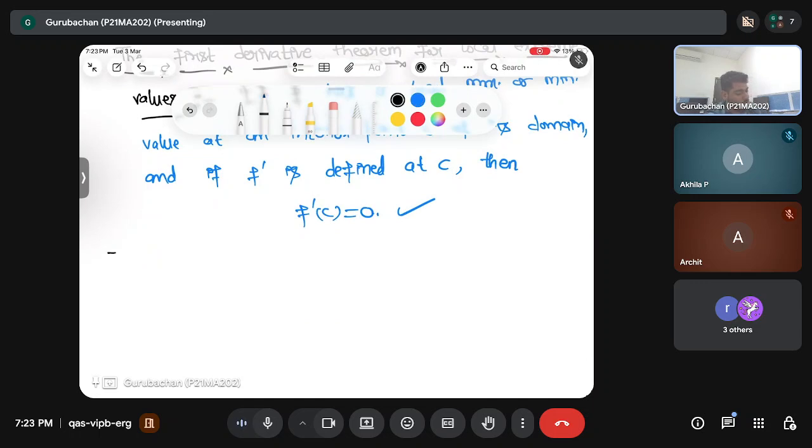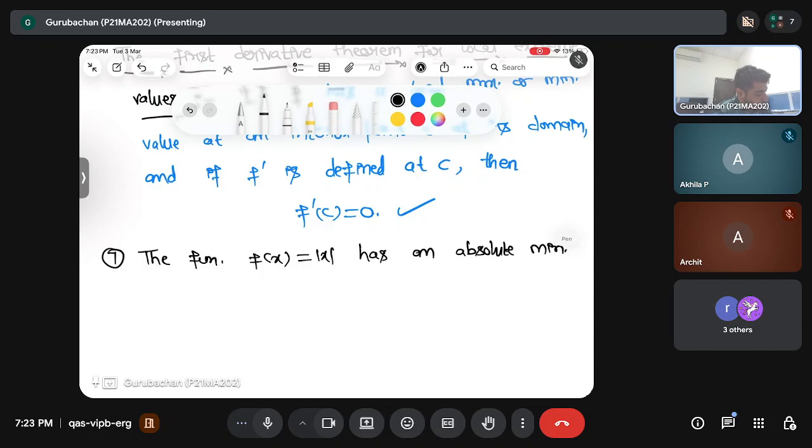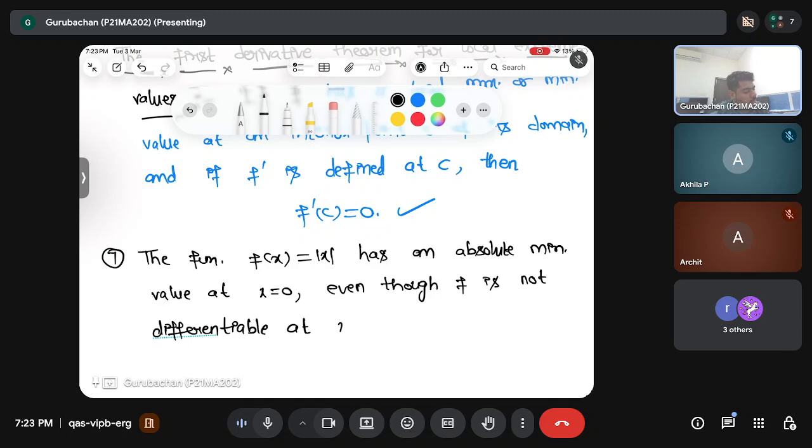On behalf of this, I am asking you one question. The function f(x) equal to mod x has an absolute minimum value at x equal to 0, even though f is not differentiable at x equal to 0.